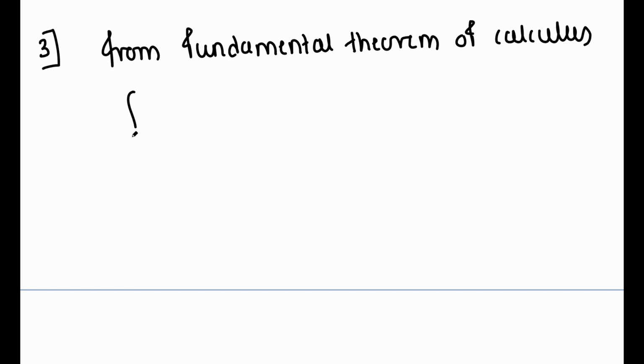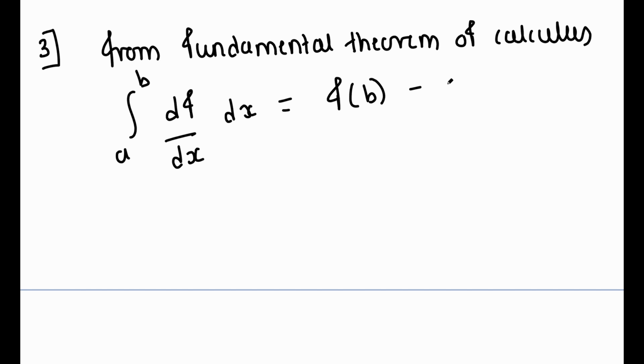And the third property of definite integrals comes from the fundamental theorem of calculus, which says that if we evaluate the integral of df by dx from a to b, then this equals f evaluated at b minus f evaluated at a.